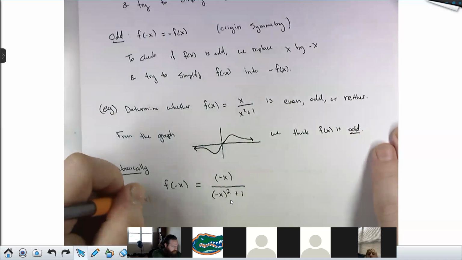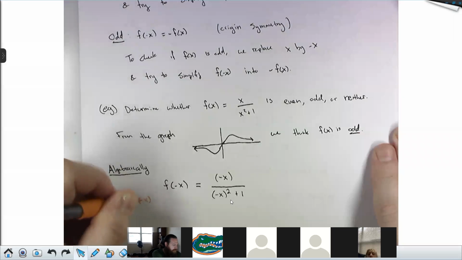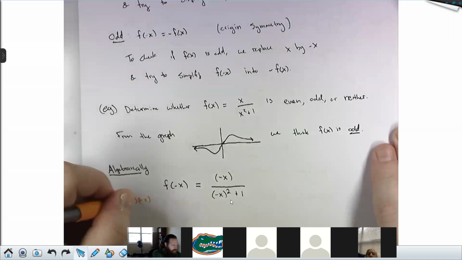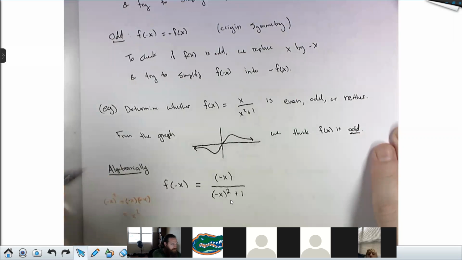What is negative x times negative x? The negatives will go away, right? Multiply a negative by a negative and you get a positive, but it's not positive x. It's positive x squared, right? Negative times negative, and the same as negative 2 times negative 2 isn't positive 2, it's positive 4, right? You have to multiply the x's also.